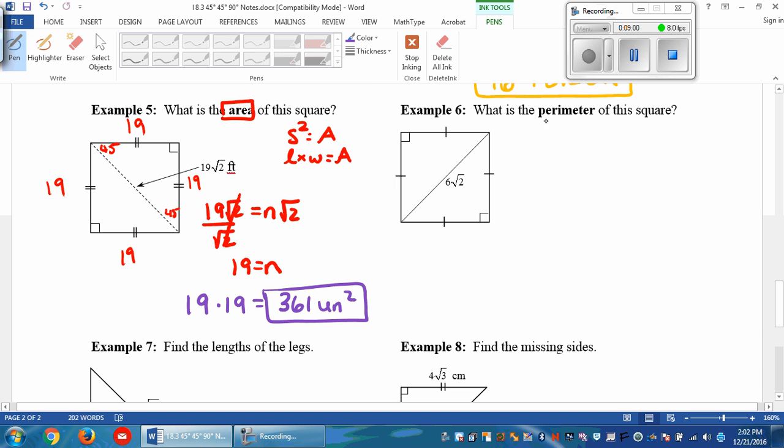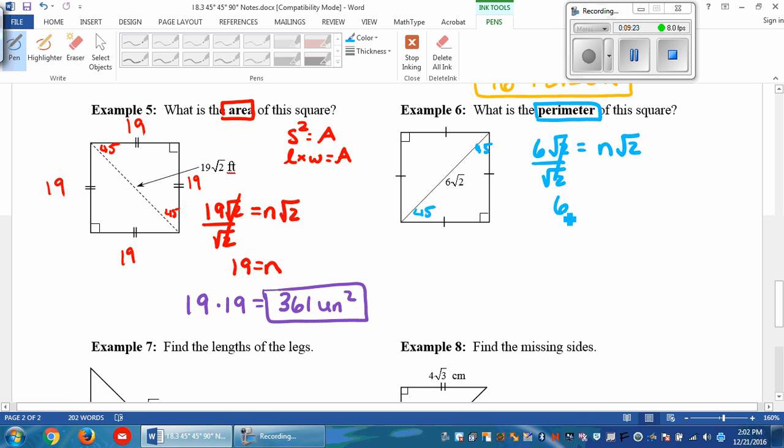Excellent. 6. What is the perimeter of the square? So, once again, we're looking at this isosceles right triangle, which is a 45, 45, 90. The 6 root 2 side is equal to the n root 2. You're going to divide by the root 2.